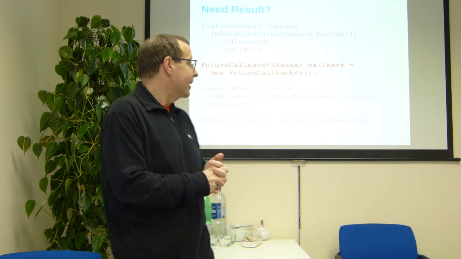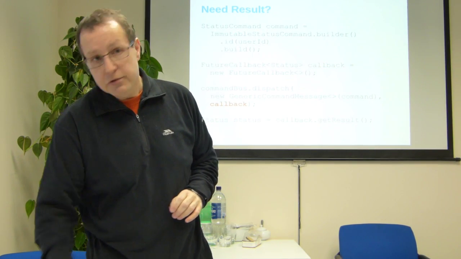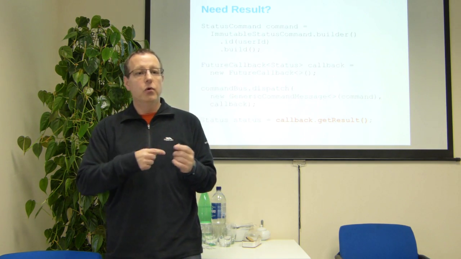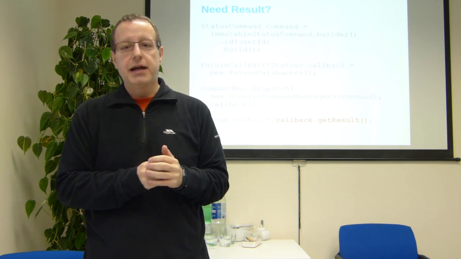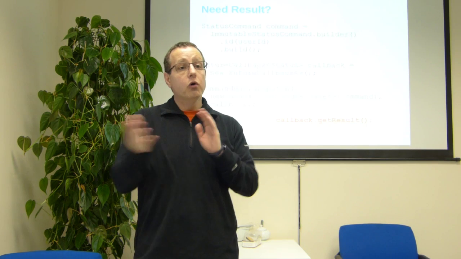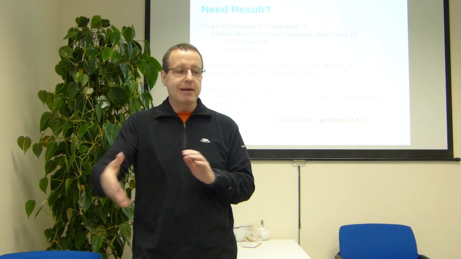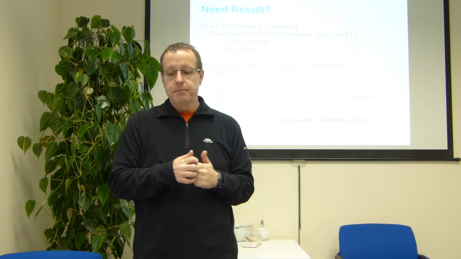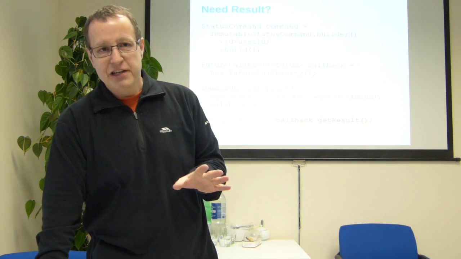You just pass the callback into the dispatcher when you dispatch it, and then you can ask for the result. It does all the thread synchronization handling to wait for the response back, and will then return the result to you, or if it threw an exception, it throws a wrapped runtime exception for you to use. So that's pretty low level.